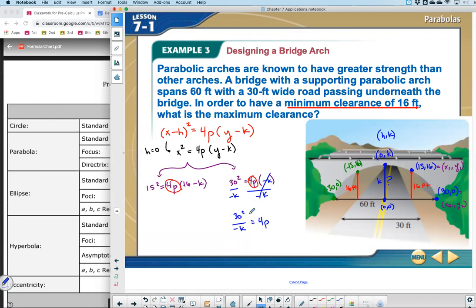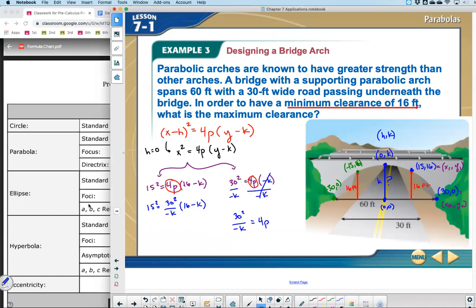Now that I know 4p, I can substitute right here. So 15 squared will equal 30 squared divided by negative k times 16 minus k.